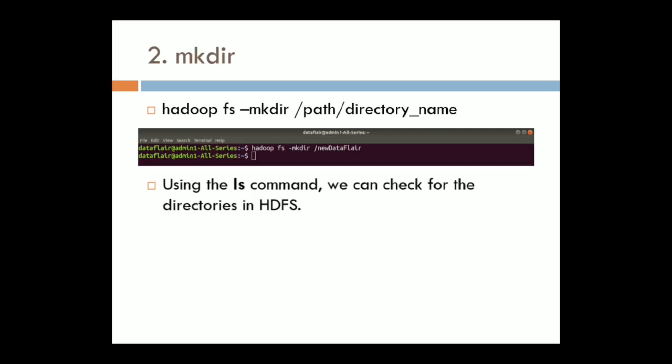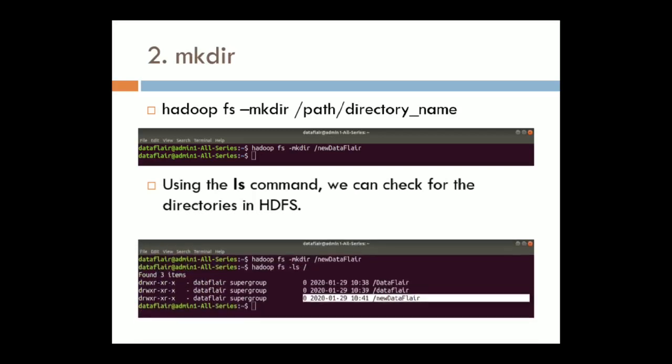For that, we are using the ls command. Using the ls command, we can check the directories in the HDFS. If the new directory has been made, it should be shown in this file. Let's see whether it is there or not.